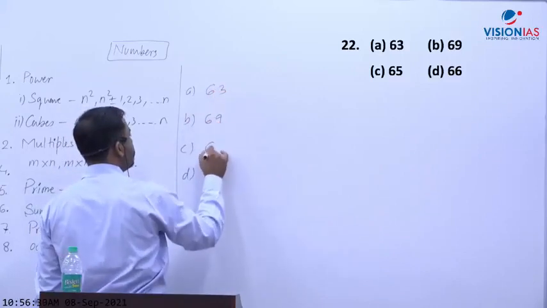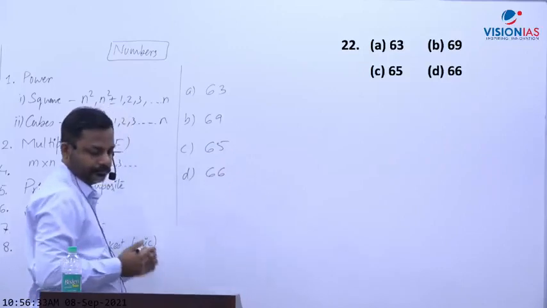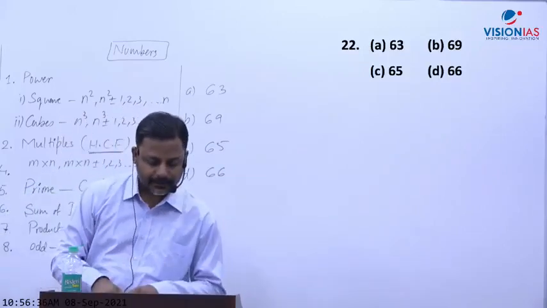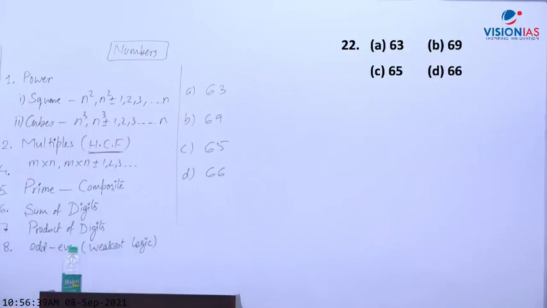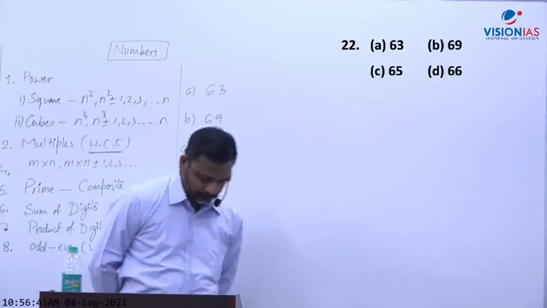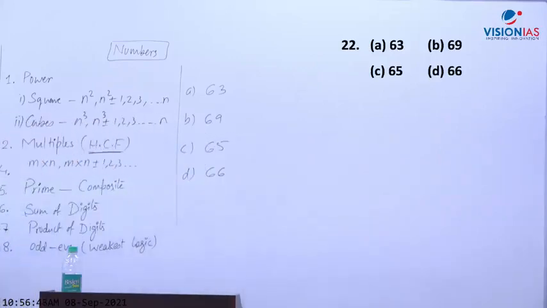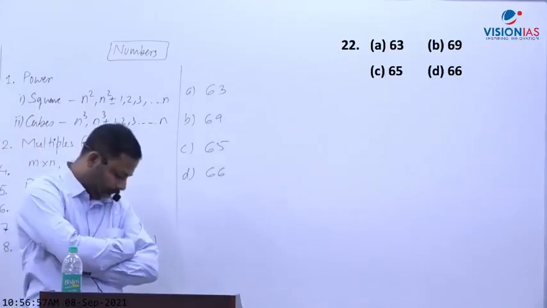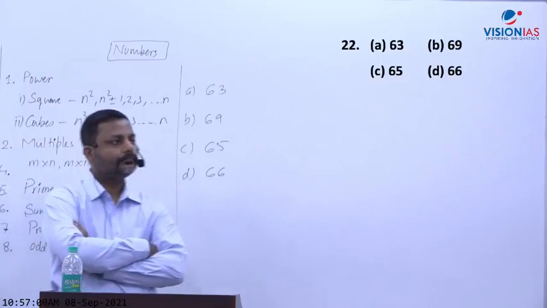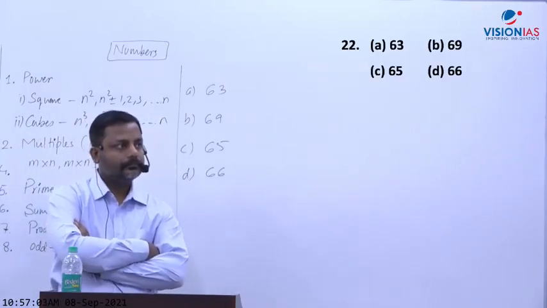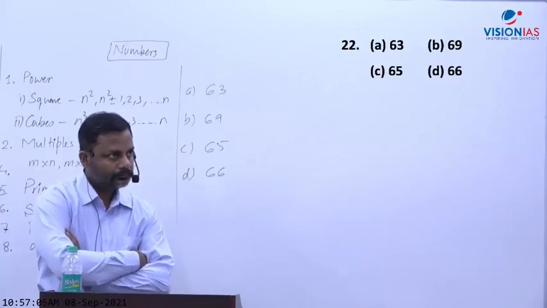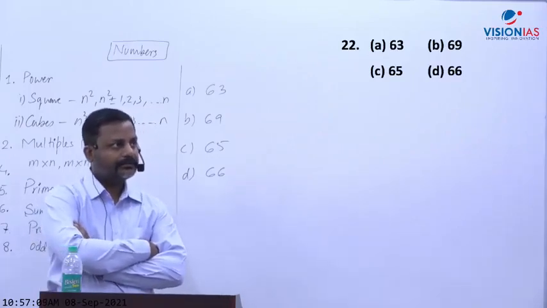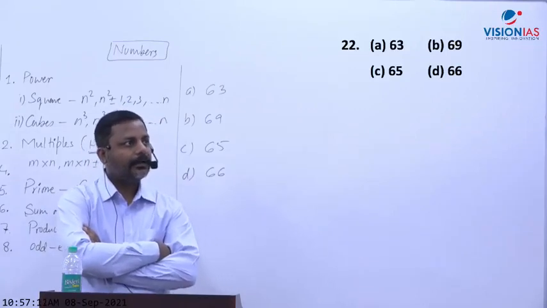63, 69, 65 and 66. 22nd question now. Okay, Apurva says D. 22C, not divisible by 3.